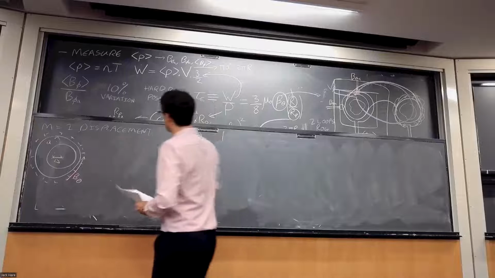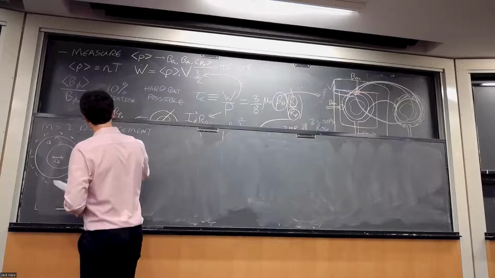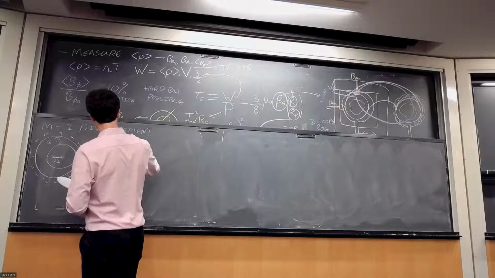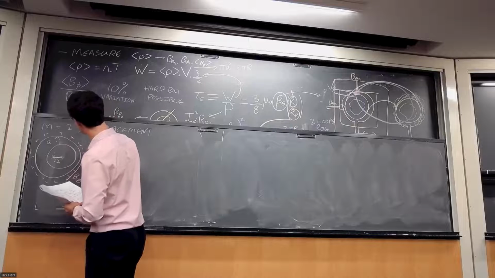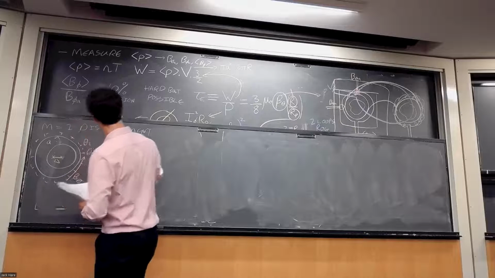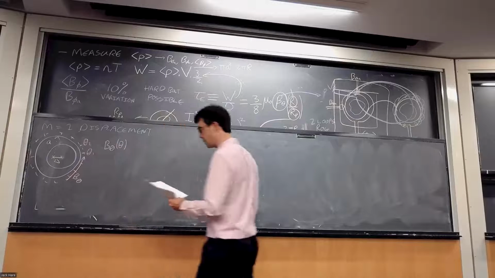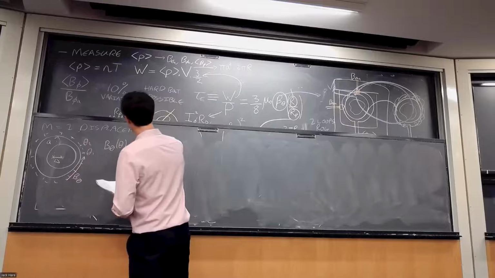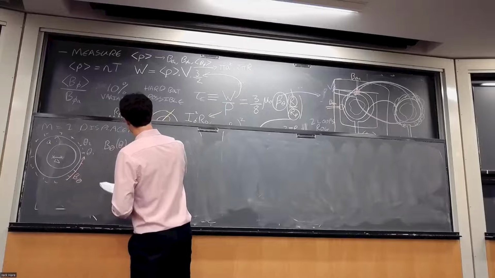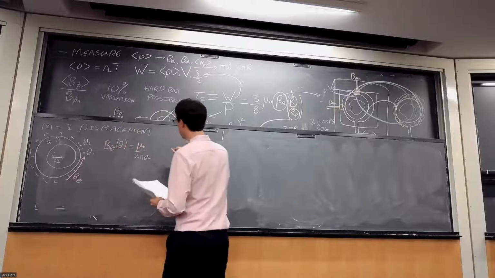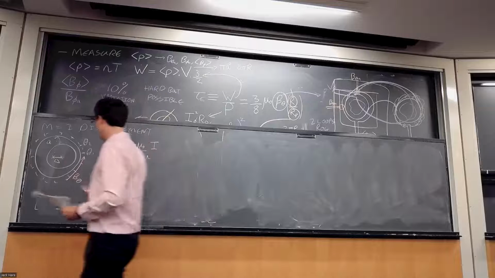So if we look at what B theta is going to be as a function of theta, and remember each of these probes is at a different angle, theta 1, theta 2, and so on. So effectively, we are measuring this function sparsely. At each B-dot probe here, we're going to see that this is equal to mu naught over 2 pi a times the current inside this plasma.